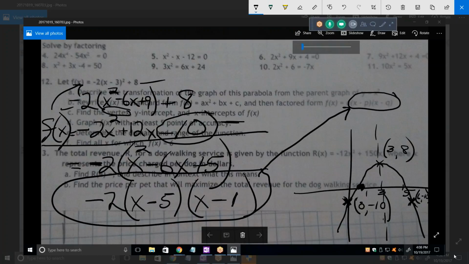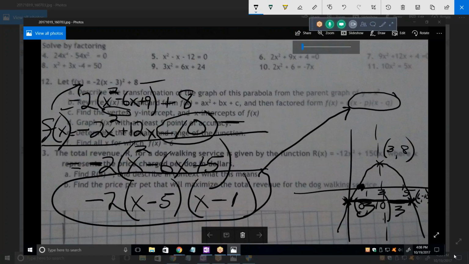See why it's 6? Yes. It's got to be an equal distance. In other words, that distance right there is 3. That means this distance has to be 3. Well, if they're both 3, then that coordinate is 6. And because it's symmetrical, the y-coordinate is the same, minus 10.